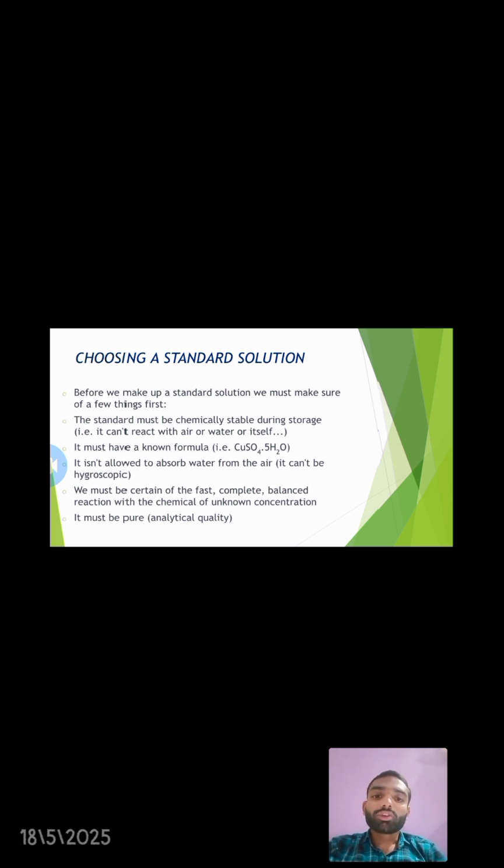It must have a known formula, for example copper sulfate and water. It is not allowed to absorb water from the air; it cannot be hygroscopic. We must be certain of a fast, complete, balanced reaction with the chemical of unknown concentration. It must be pure and of analytical quality.